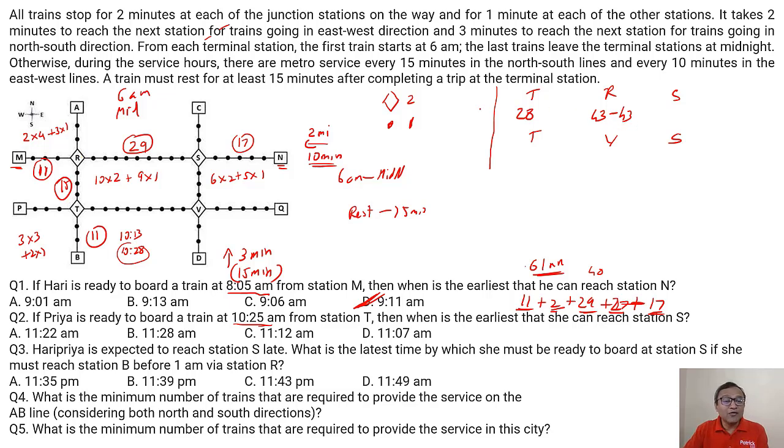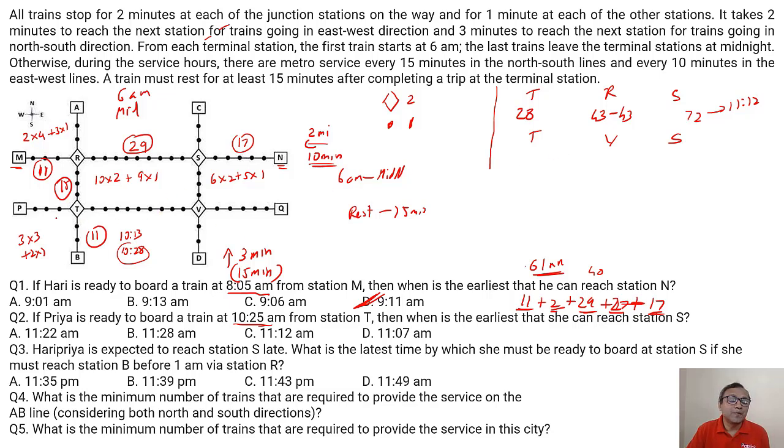If I catch a train at 43 without any wastage time, I can reach S at 43 plus 29, which is 72. 72 minutes is 1 hour plus 12 minutes, so 11:12. Now I'm looking at the route T, V, S.